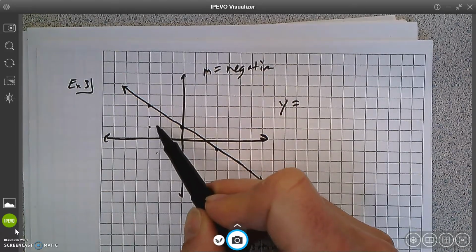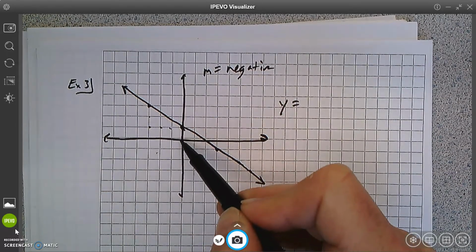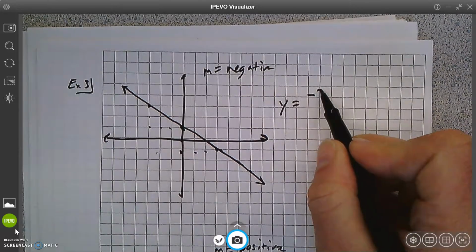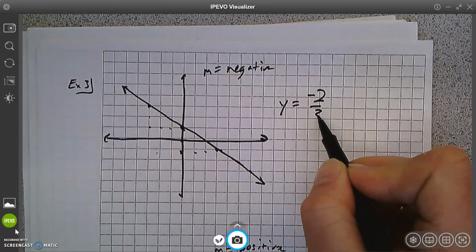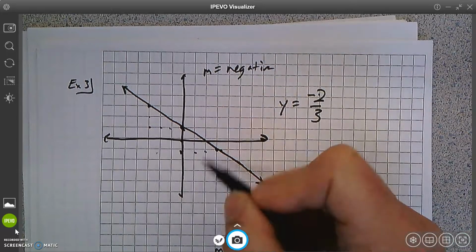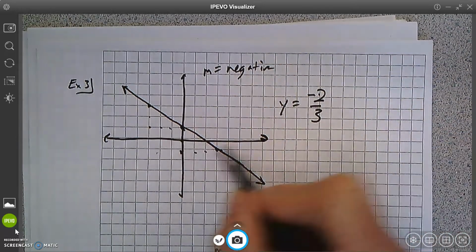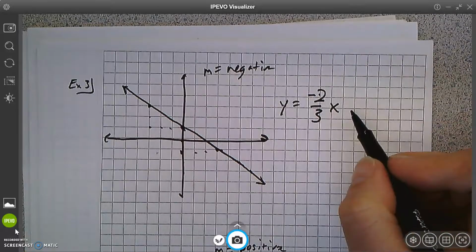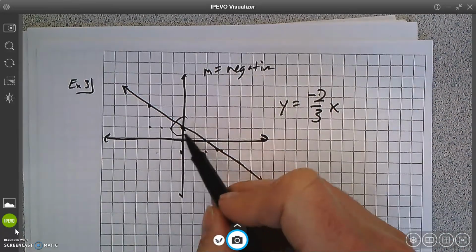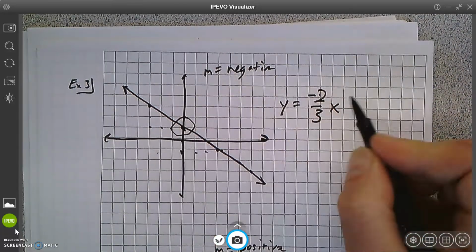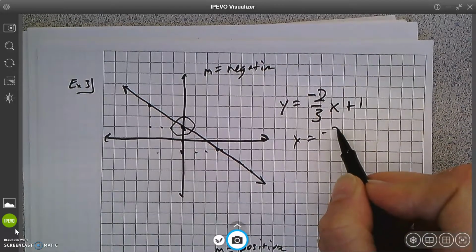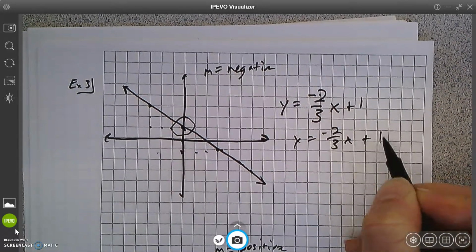Down 2, right 3. Down 2, right 3. Change in y, that's up and down, over change in x, that is left to right. The y-intercept is here, so that's up 1 from the origin, plus 1. So y equals negative 2/3 x plus 1.